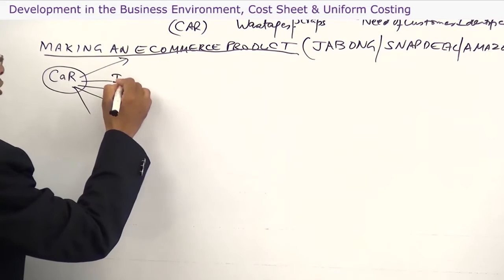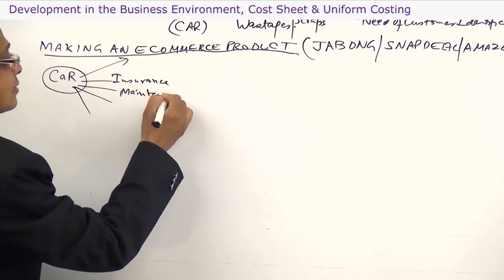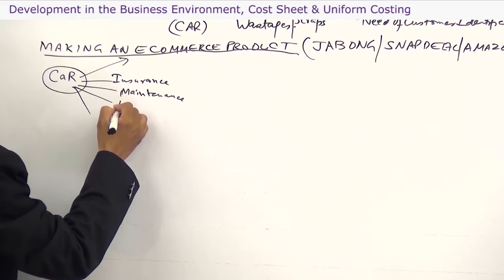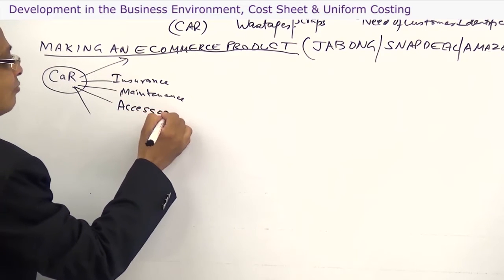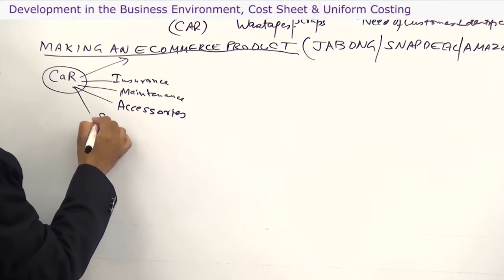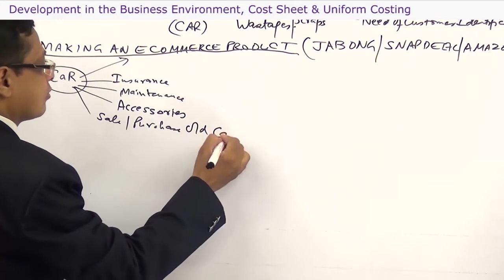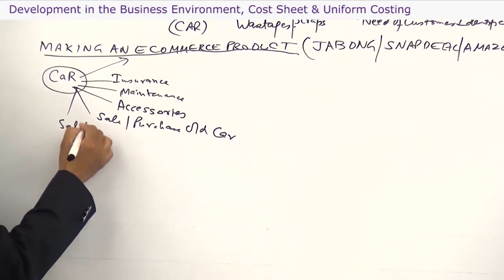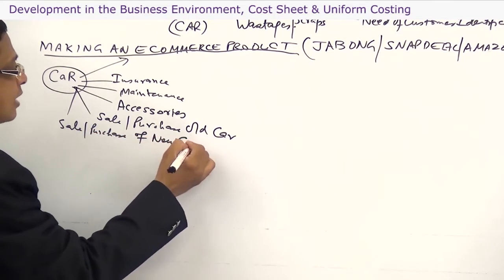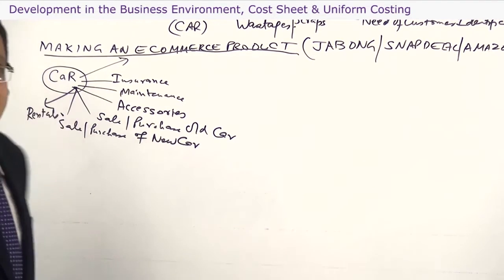I will be offering insurance, maintenance, accessories, the needs of the car in that term. I will be offering sale and purchase of old cars, sale and purchase of new cars. Maybe I will be offering rentals on the car.